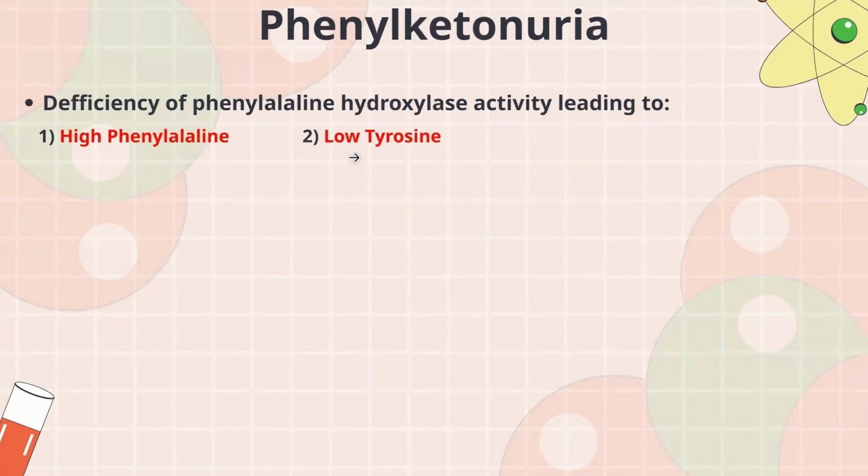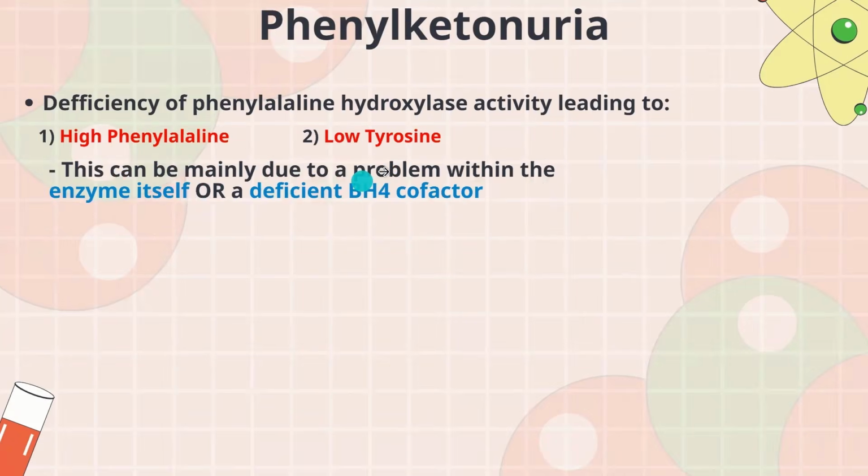Because of that, the problem can be with the enzyme itself or a deficiency of BH4, because we said BH4 helps phenylalanine hydroxylase. Both of them differ in some ways that we'll talk about now.